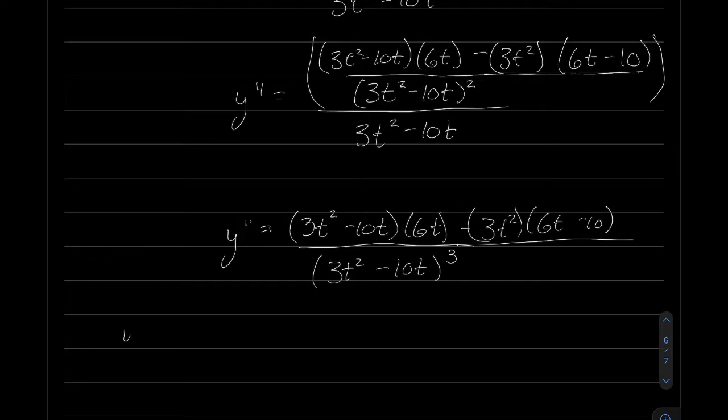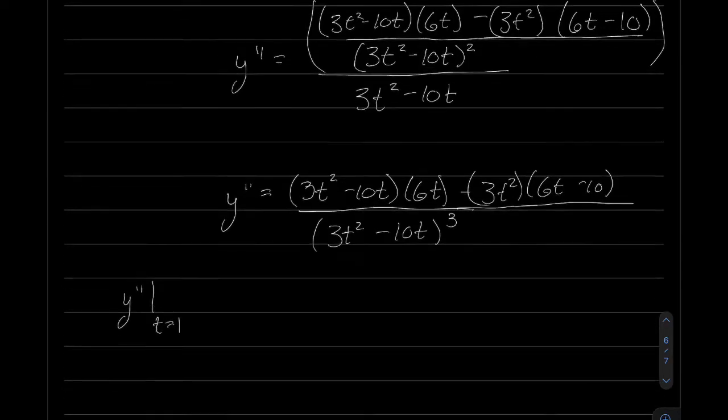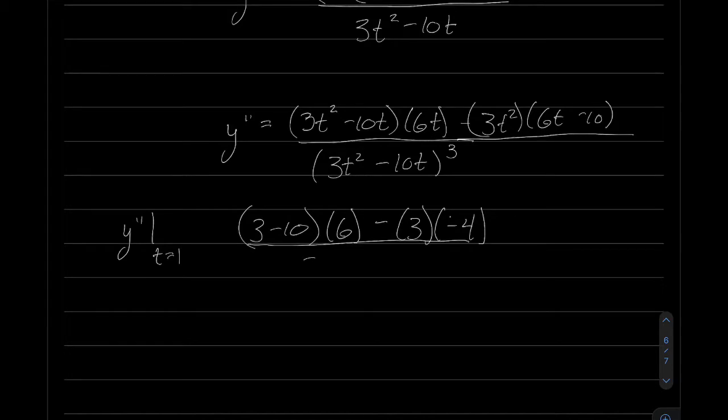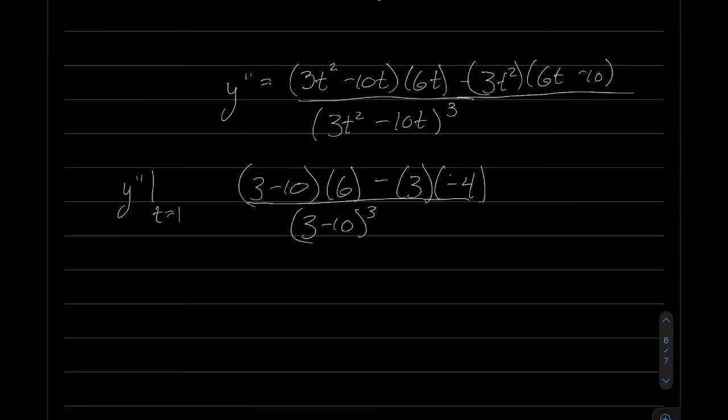And remember that we're looking for y double prime at t equals 1. So if we plug 1 in, we're going to get 3 minus 10 times 6 minus 3 times negative 4, all over 3 minus 10 cubed. Okay, so 3 minus 10 is negative 7.